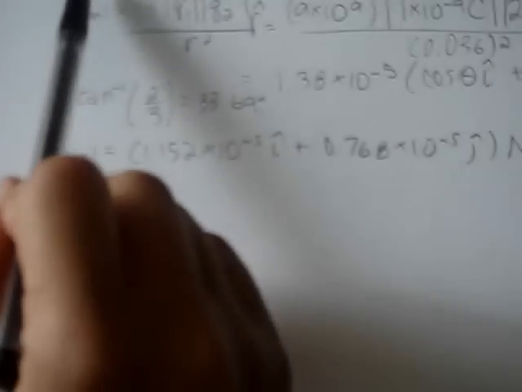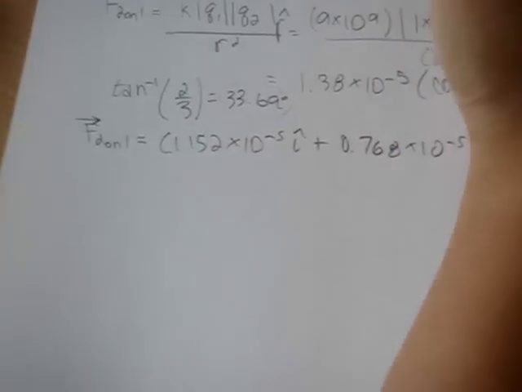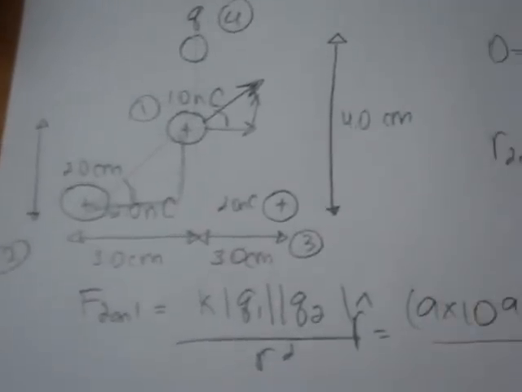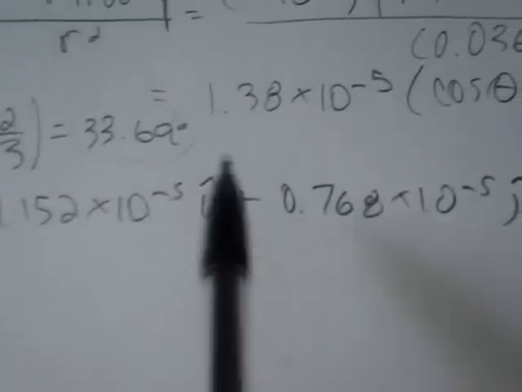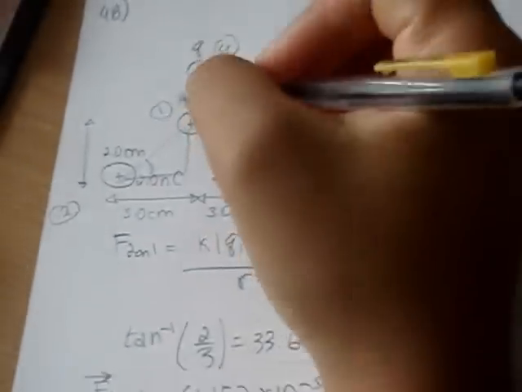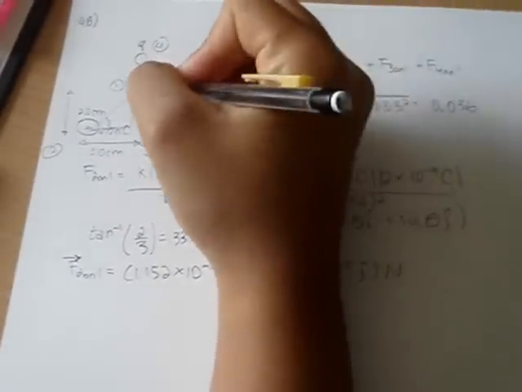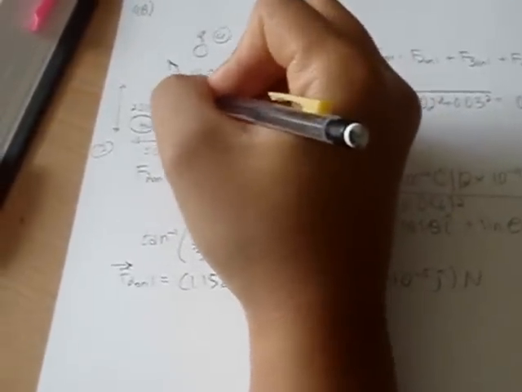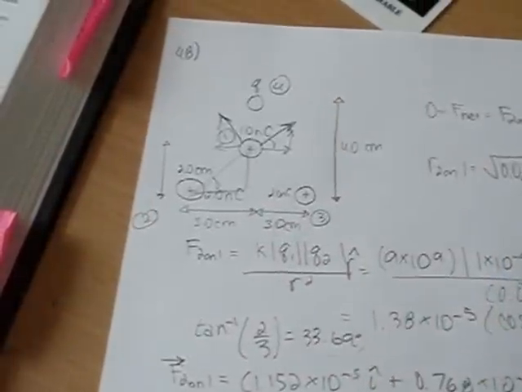And since particles 2 and 3 are symmetrical, you can use the same value of the magnitude, but you have to be careful about direction, because since these are like charges, particle 3 is going to push particle 1 in this direction, so you're going to have a negative x value and a positive y value.